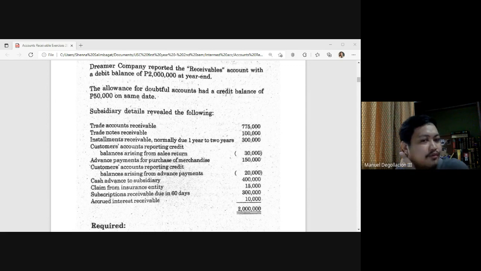This is a form of a non-trade receivable and one that is going to be classified as a non-current asset. Please remember, class, this kind of account will normally be involved in problems involving classification of receivables, whether current or non-current. Advances to subsidiaries would be considered as a non-current asset.